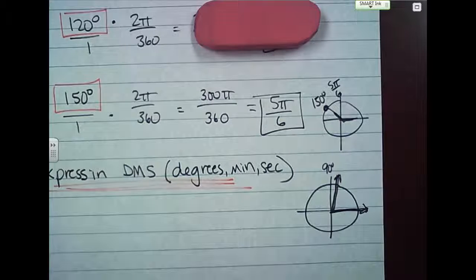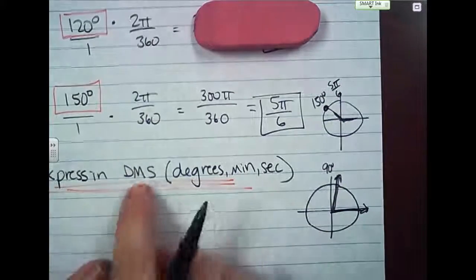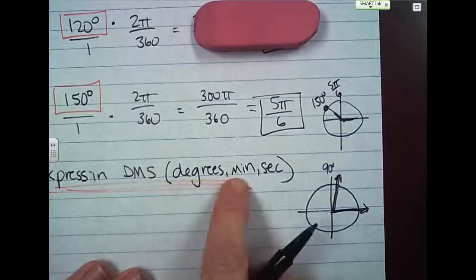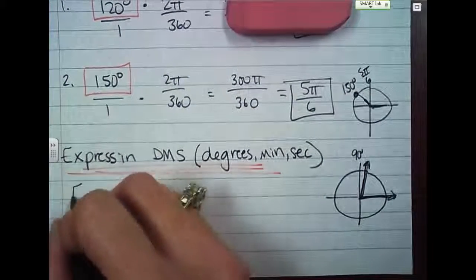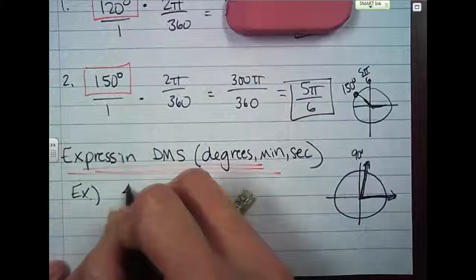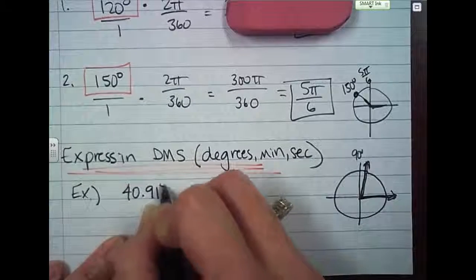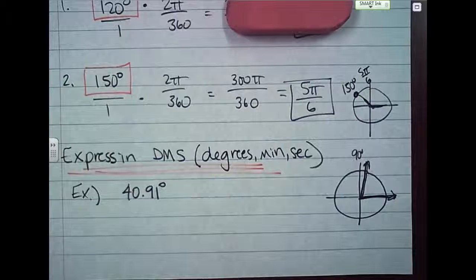I'm about to show you how to get between 2 degrees, right? For example, they call it degrees, minutes, and seconds. So if I'm telling you guys, I want to go 40.91 degrees. That's between 40 and 41, right?